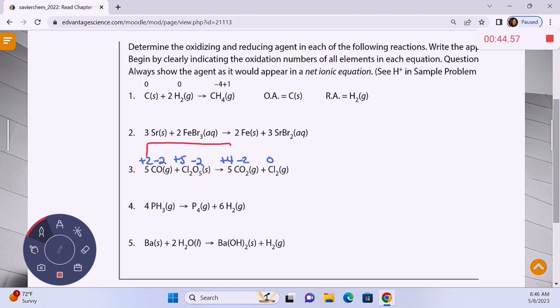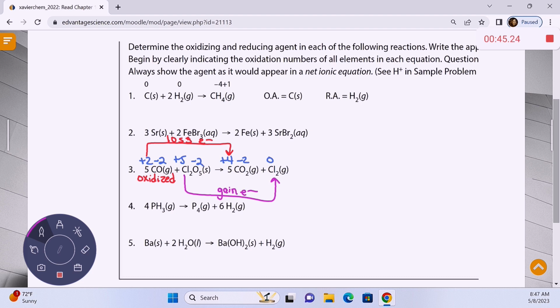Okay. So let's partner up the ones that changed. Carbon went from a +2 to a +4. So there was a loss of electrons here. So that means CO is oxidized. And then oxygen didn't change, so we're ignoring that. Chlorine went from a +5 to a 0. So here there's a gain of electrons.